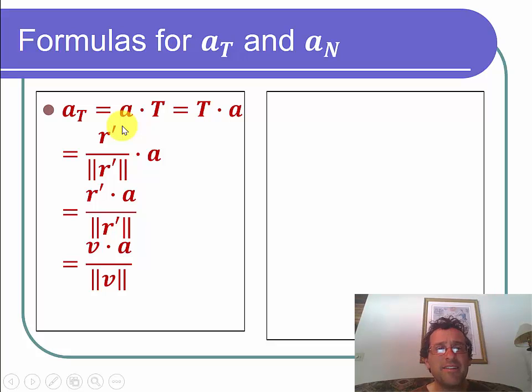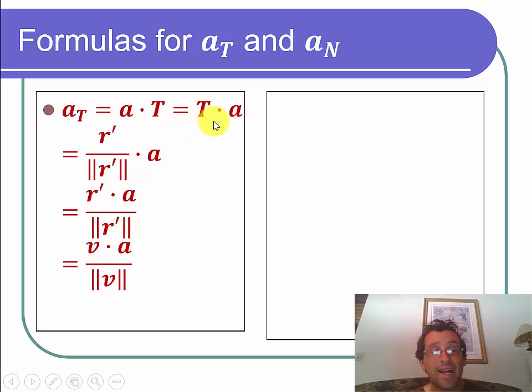If you remember, that's how you define a constant like that. If you have a unit vector and you take another vector and dot it with the unit vector, that gives you the magnitude of the projection of that vector in the direction of the unit vector. So that's where that a dot t comes from.